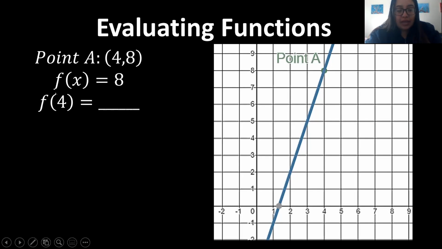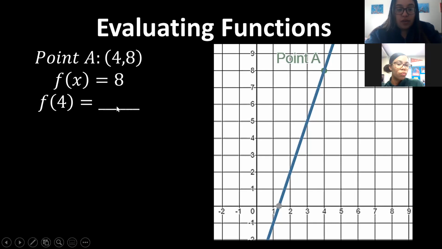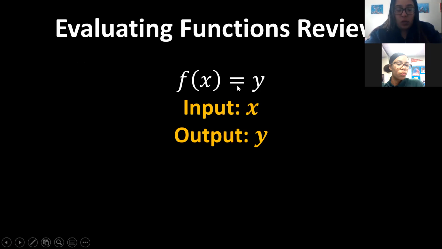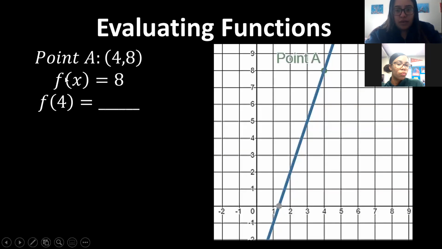Well, what if someone asked me f of x is 8? I would need to find x. If I asked you f of 4 equals blank, I would need to find y. So if I take a look at the first example, this says f of x is 8. Thinking about what I saw before, if it's f of x is y, we always ask ourselves, what are we given?